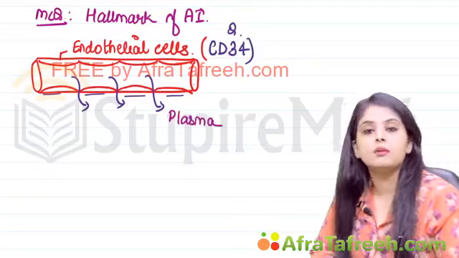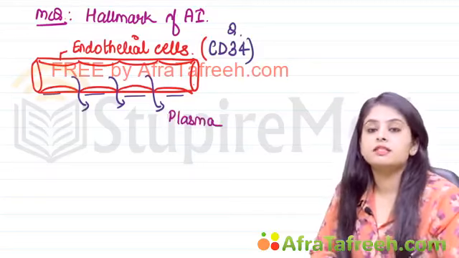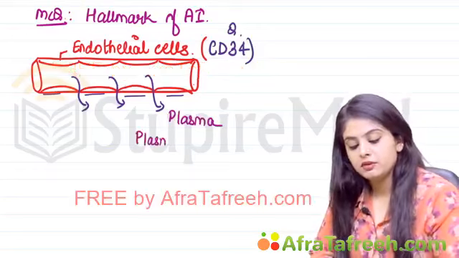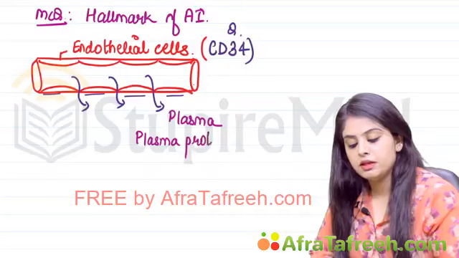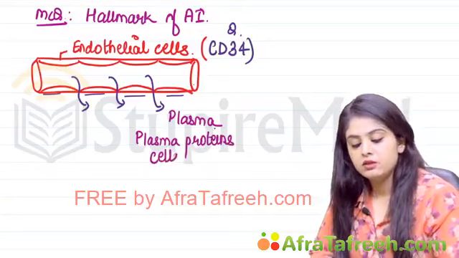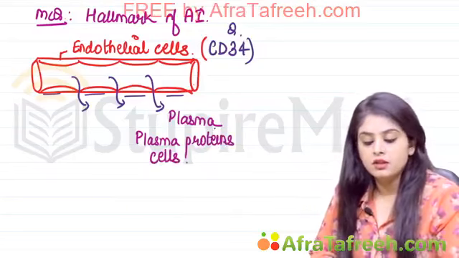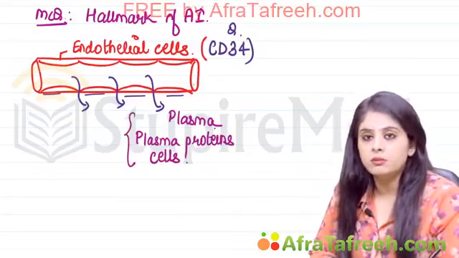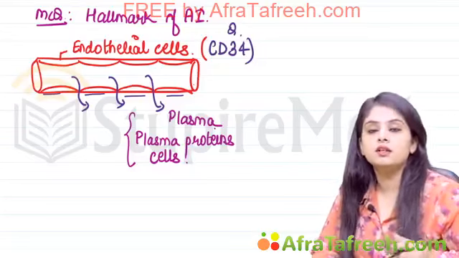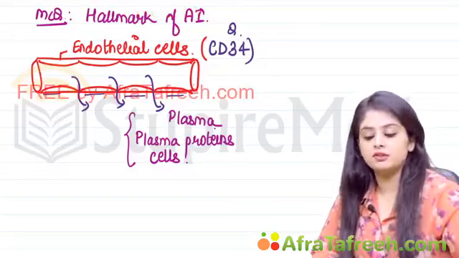So the plasma will come out. Everyone knows that the plasma has proteins. So the plasma proteins will come out. Also what we have are the leukocytes or the cells. So the plasma proteins and cells will come out once the permeability increases. Whatever was flowing inside comes outside.